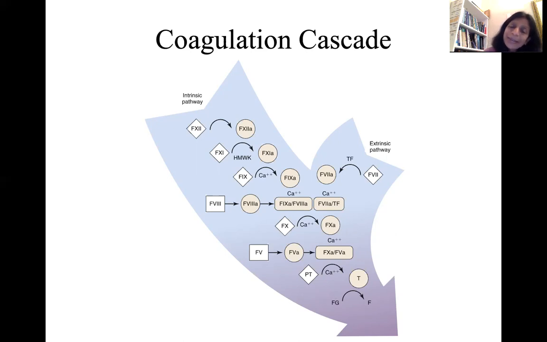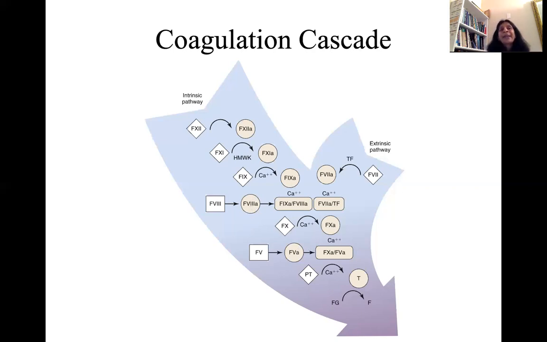What you expect here is the involvement of the intrinsic pathway, right? Activated thrombin would have not only its positive feedback effect on platelets, but it would also activate factor 9 to its active state and factor 8 to its active state.